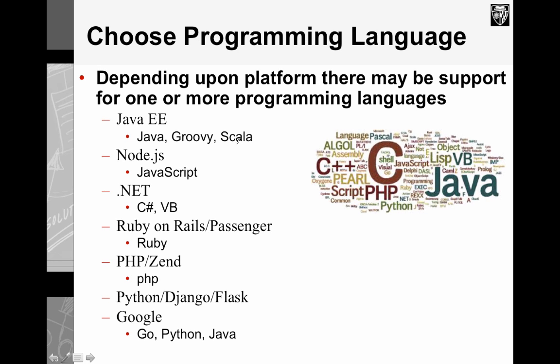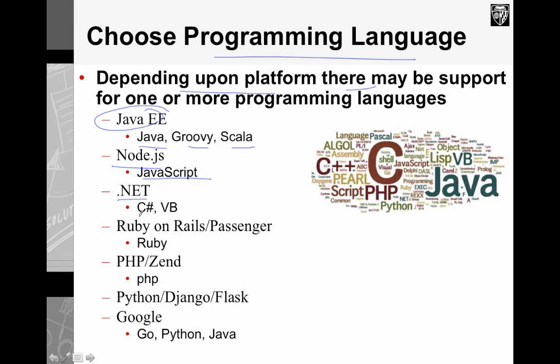A cloud application server environment may allow you to choose the programming language, and to some extent the programming language actually depends upon the platform that may be supported. For example, if it's Java EE, they may support Java, Groovy, and Scala, or Java only, or Groovy only, or Scala only, or a combination of these things. If it's Node.js, then it's JavaScript.